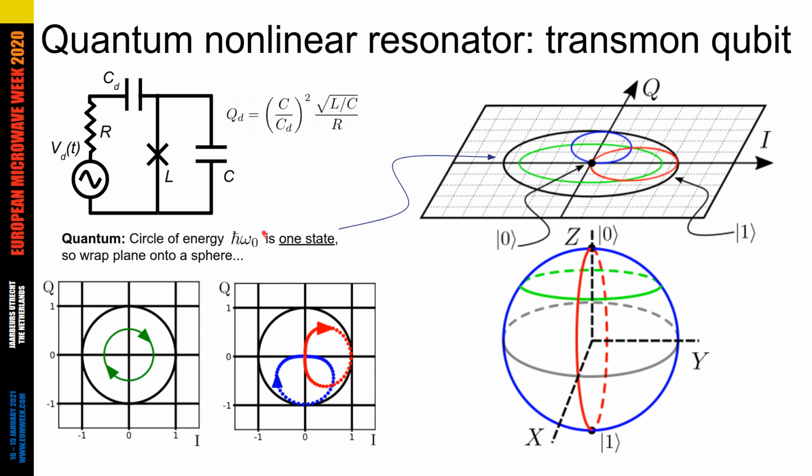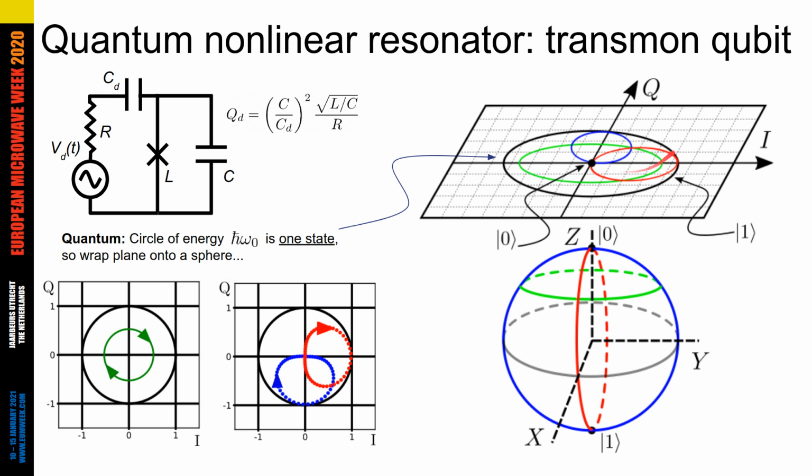In quantum mechanics, it turns out that physical states with a well-defined energy don't really have a phase. So this whole circle in the IQ plane collapses to a single point in the quantum mechanical case. But also the point at the origin with zero energy is a single point in quantum mechanics. So how can we interpret this?